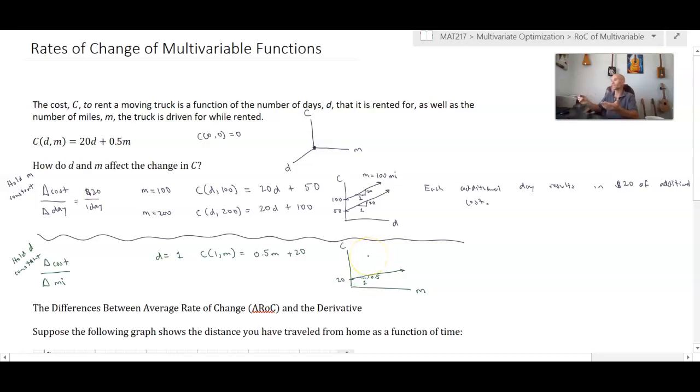That tells me that each additional mile results in 50 cents of additional cost.